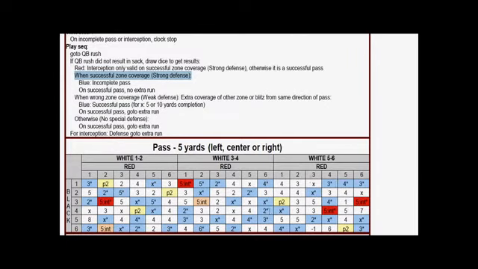You see there's a lot of blue here, so there's a lot of chance of incomplete pass when there's a strong defense. While if it's a weak defense, so an extra coverage of another zone or a blitz in the same direction of a pass, then the blue would indicate a successful pass rather than an incomplete pass. So there's much more chance of a completed pass when there's a weak defense.